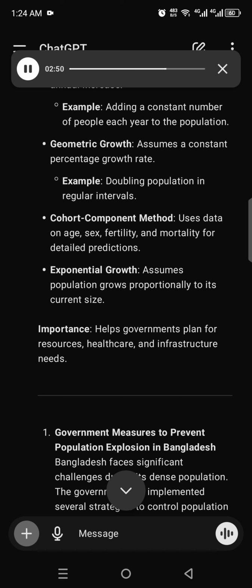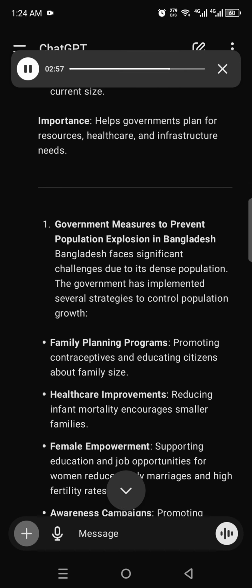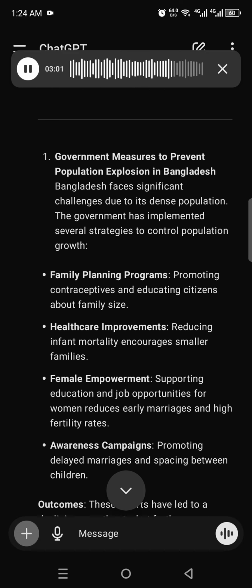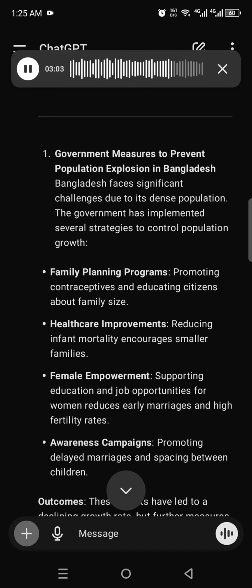Female empowerment, supporting education and job opportunities for women, reduces early marriages and high fertility rates. Awareness campaigns, promoting delayed marriages and spacing between children. Outcomes. These efforts have led to a declining growth rate, but further measures are needed for long-term sustainability.